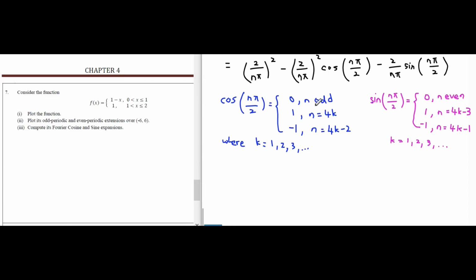For this case, we know that whenever n is odd, the cos of n pi over 2 gives a value of 0. When n equals 4k it is 1, and for 4k minus 2 it is -1. So this is a range of even values of n.